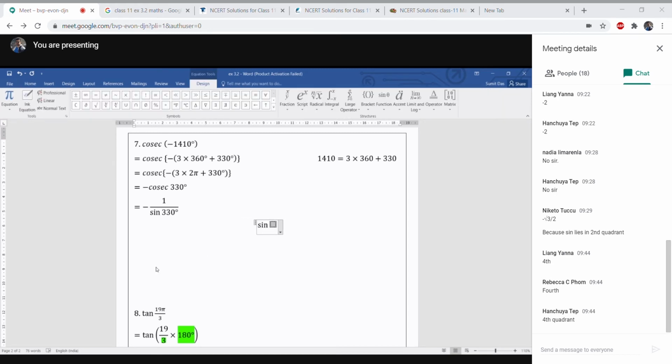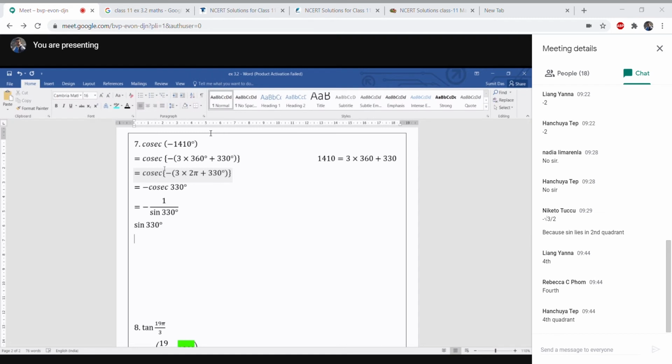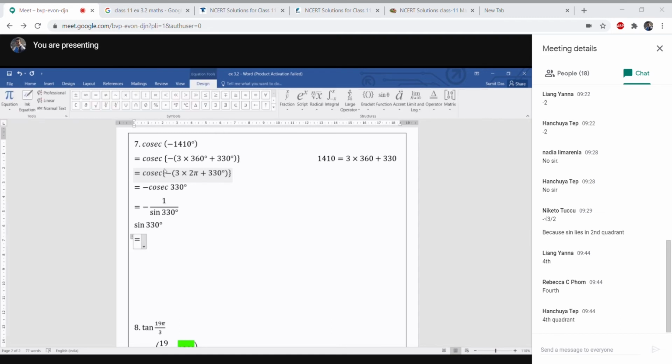Sine 330 degree, how to find? I told you you have to write it as 3 into pi by 2 plus 60 degree.